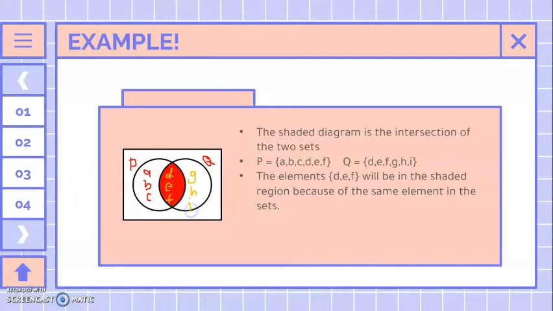So for the intersection between these two sets, you have D, E, and F. And this shaded region is the intersection between these two.